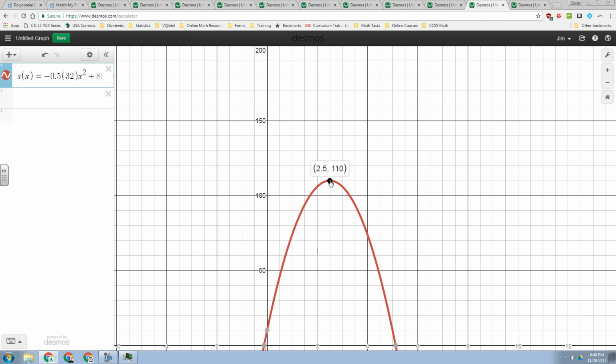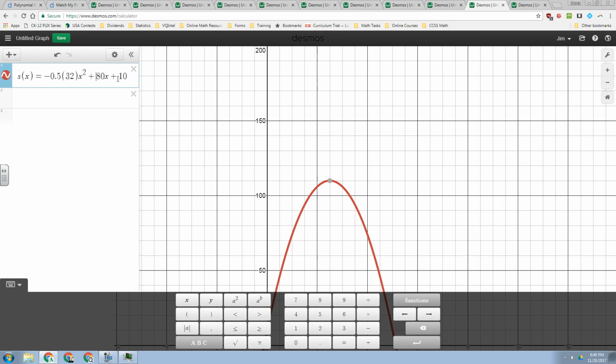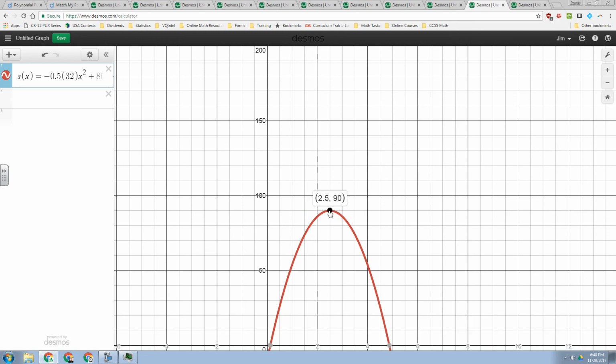So right here, it'll reach 110 feet. But actually, I made a little mistake, because this equation's wrong, because it's fired from a spot that's 10 feet below the Earth's surface. So actually that's not a plus 10, because that would be 10 feet in the air. It's actually minus 10, 10 feet below ground. So the highest that it reaches is 90 feet, and that's 2.5 seconds later.